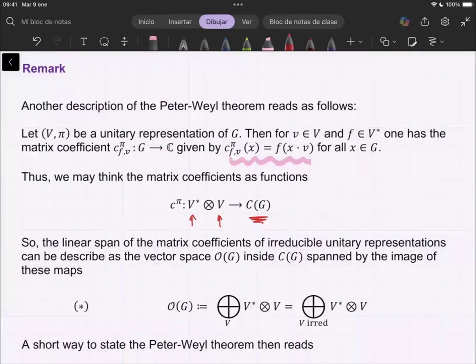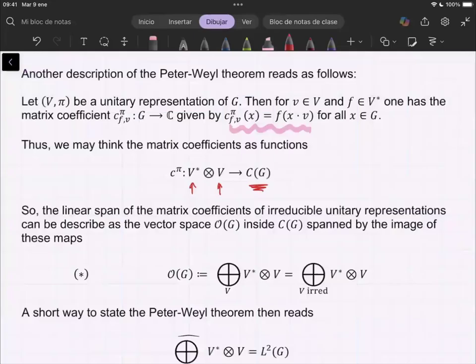So we take a representation and look at the image of this map C, and we take all of them; these images lie inside the continuous functions. We make the direct sum of all the images.